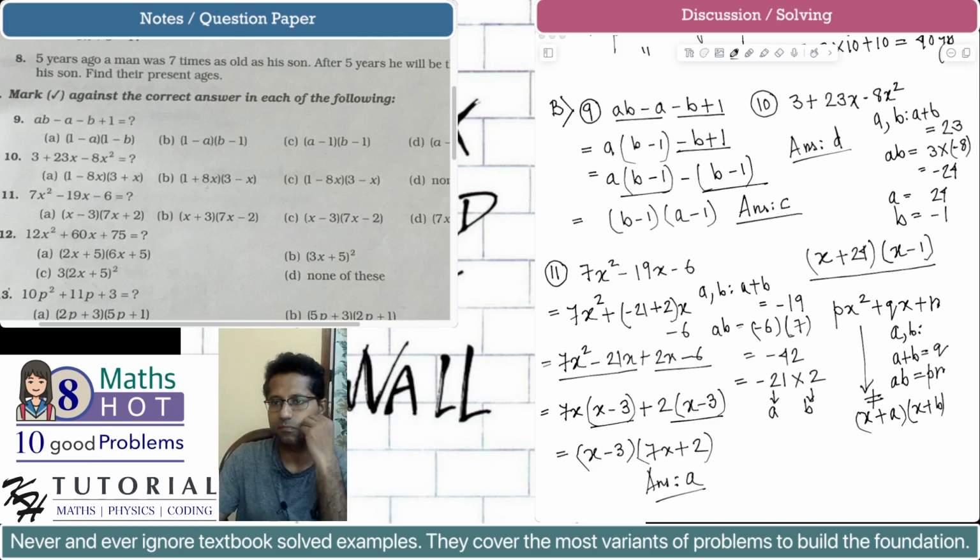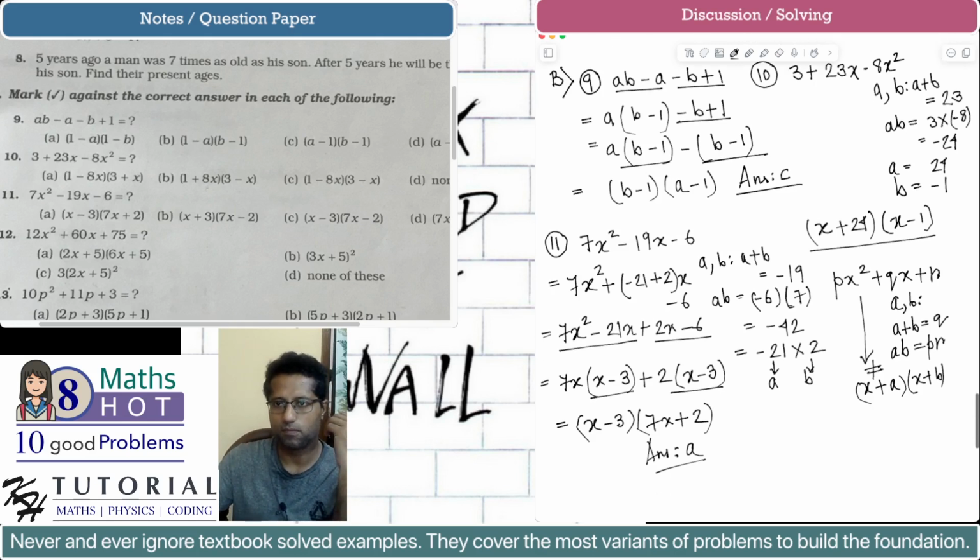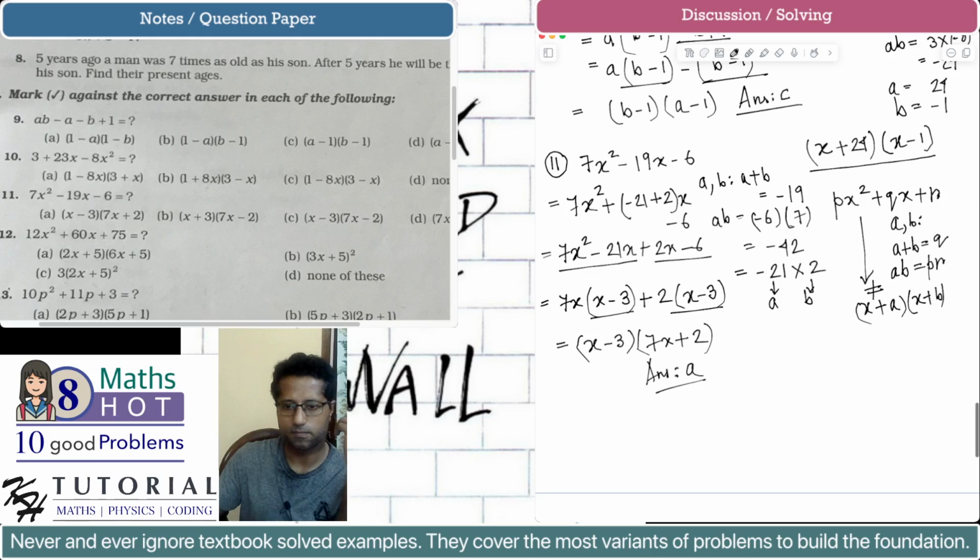So we have found A and B, as we considered A as 24 and B as minus 21. Now we have to proceed in rewriting. So I am doing problem number 10 again below.